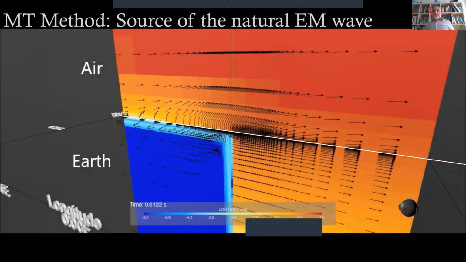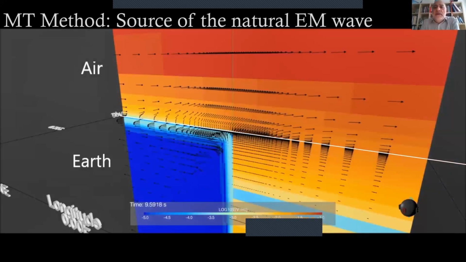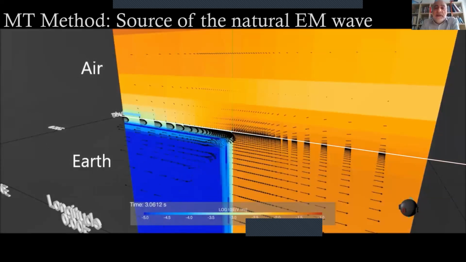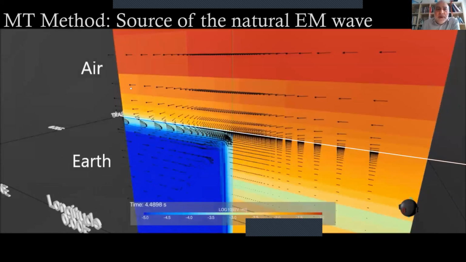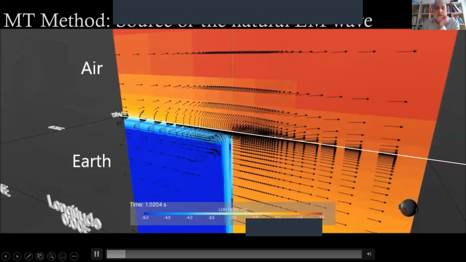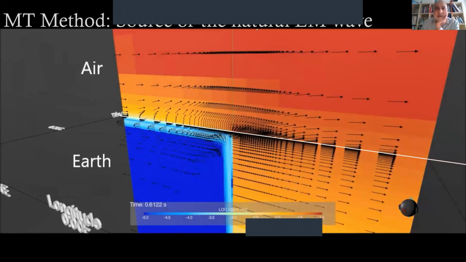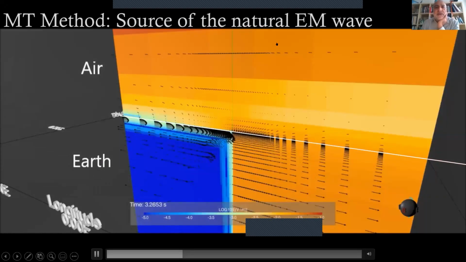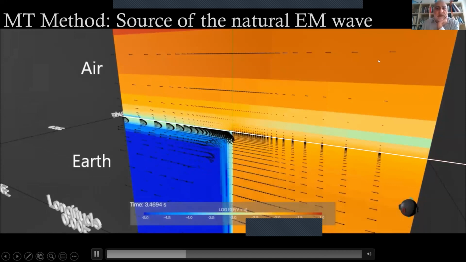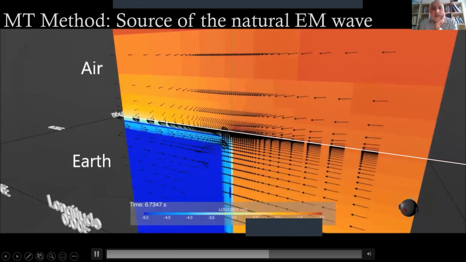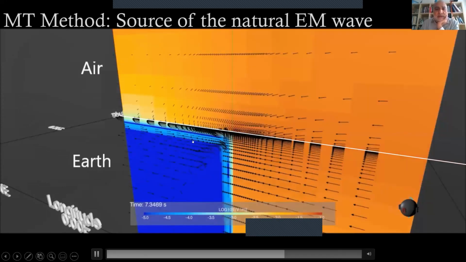Talking about the natural EM wave, this animation simply shows an electromagnetic wave that is generated in the ionosphere. What we are looking at is the lower part of the atmosphere. The energy or the EM wave is generated at the top of this model, and as you can see, at some level the EM wave is oscillating in the east-west direction in this animation, and the propagation is downwards.